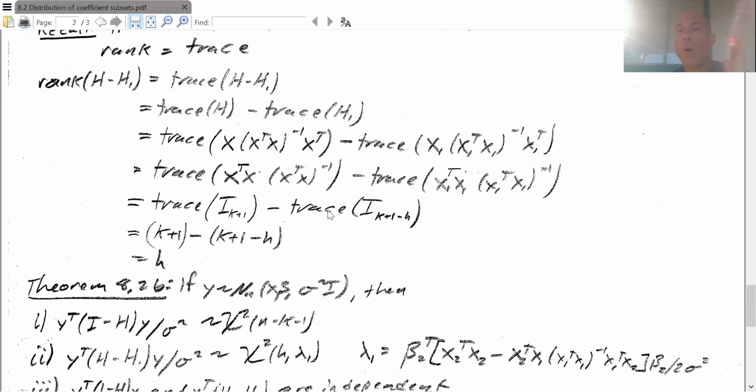What are the dimensions? Remember, this is the full version, and this is the reduced version. So the reduced version has fewer columns, fewer rows. By how much? This is going to be a k plus 1 by k plus 1 identity matrix, and this is a k plus 1 minus h identity matrix. So when I take the trace, I'm just adding up the ones, and we get elementary school arithmetic.